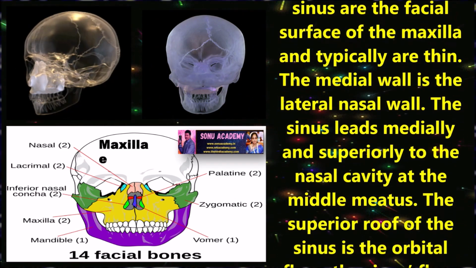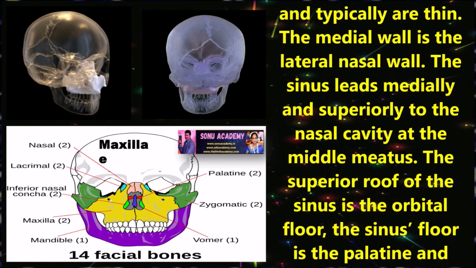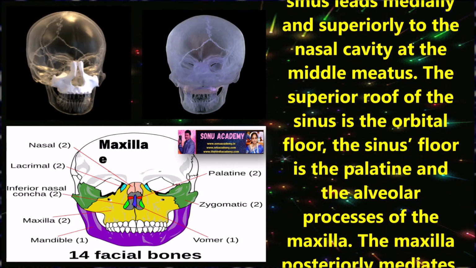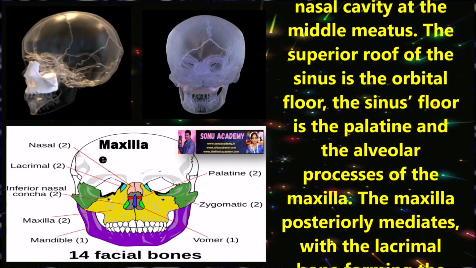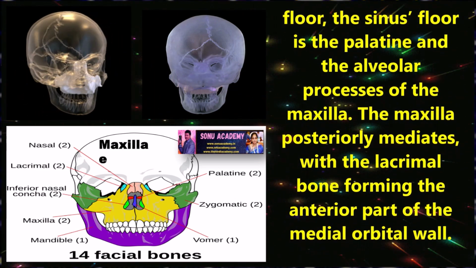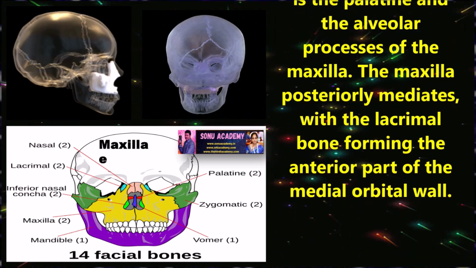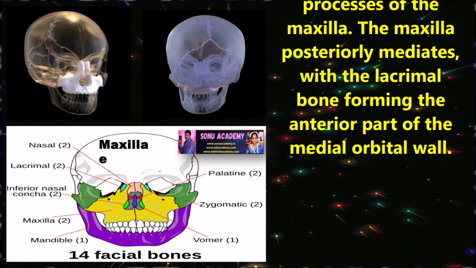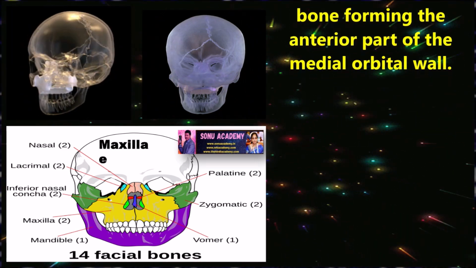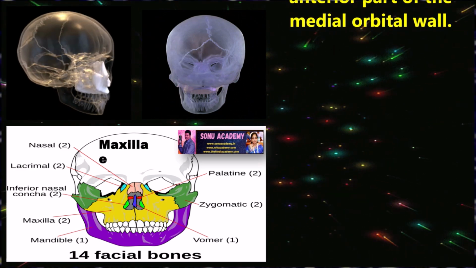The medial wall is the lateral nasal wall. The sinus drains medially and superiorly to the nasal cavity at the middle meatus. The superior roof of the sinus is the orbital floor, and the sinus floor is the palatine and the alveolar process of the maxilla. The maxilla posteriorly articulates with the lacrimal bone, forming the anterior part of the medial orbital wall.